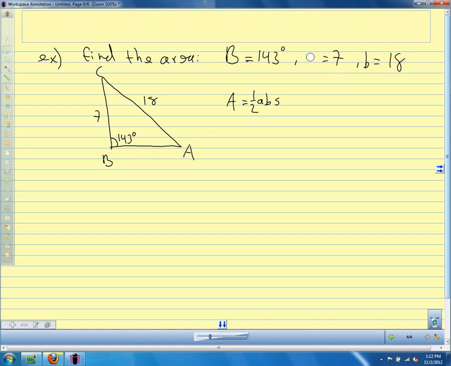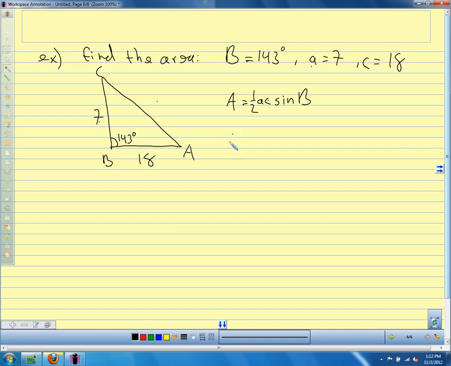Yeah, this should be A, and this should be a C. A and C and side B. So this is A, C is, there we go, C is 18, and angle B is 143. So we have 1/2 AC sine B.